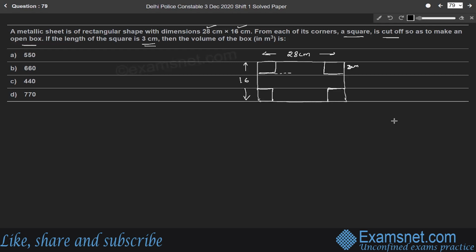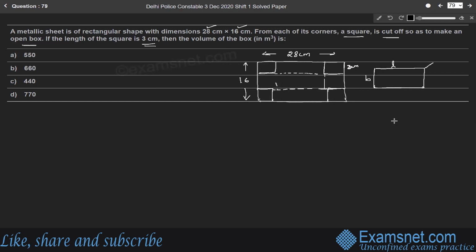When the paper is folded so as to make an open box, right? So it looks like there will be the new length of the sheet and new breadth. So this is a new length and this is new breadth.